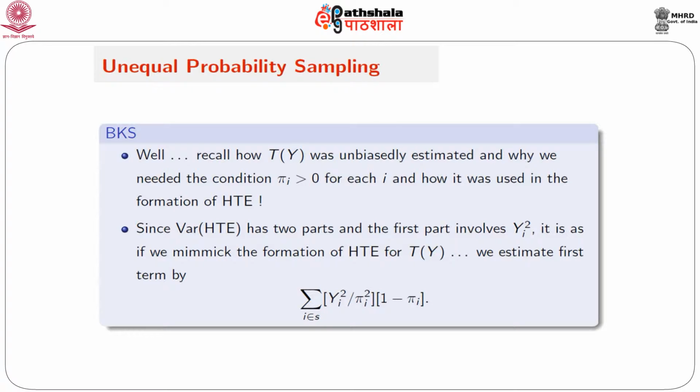For the product term, you replace yi yj by yi yj over pi ij times pi ij, etc. Because the variance has two parts, the first part involves yi square. It is as if we are mimicking the formation of the HT for the population total. So we estimate the first term, which is summation yi square over pi i square times 1 minus pi i, by summation yi square over pi i square times 1 minus pi i over the sample.